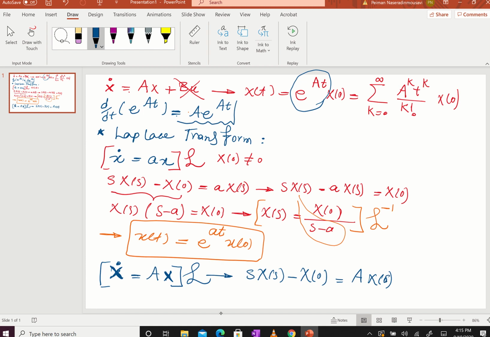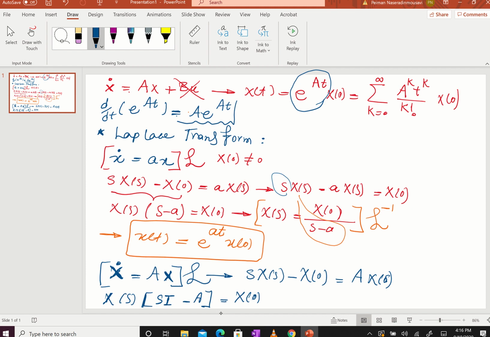Now moving that to the other side, you cannot leave it as s like here, because you are dealing with a matrix. So (sI minus A) X(s) equals x at time 0, with I the identity matrix.